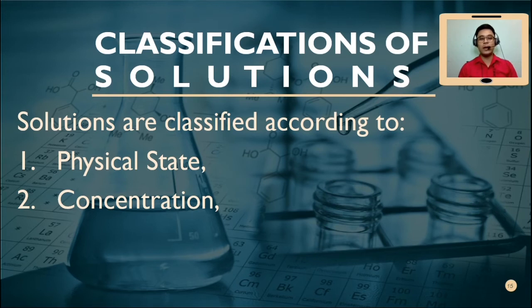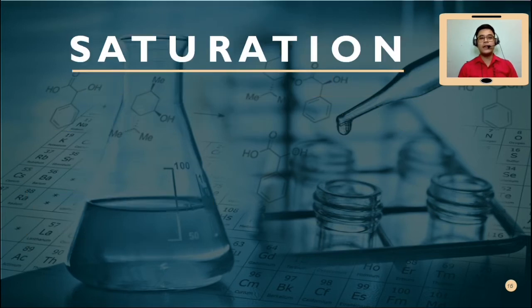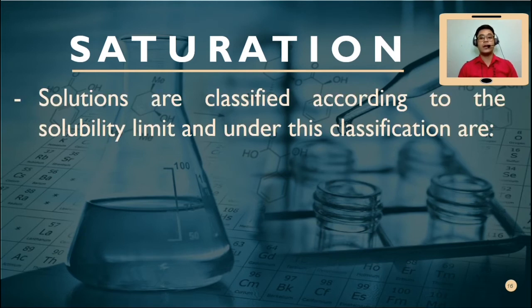And now it's time to talk about the classifications under the saturation. And what are the different classifications of solutions under the saturation? So solutions are classified according to the solubility limit, and under these classifications are the following. But take note of the word solubility limit. When we say solubility limit, this is the maximum amount that a solvent can dissolve.